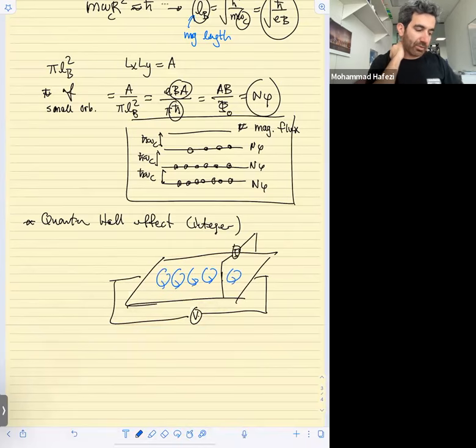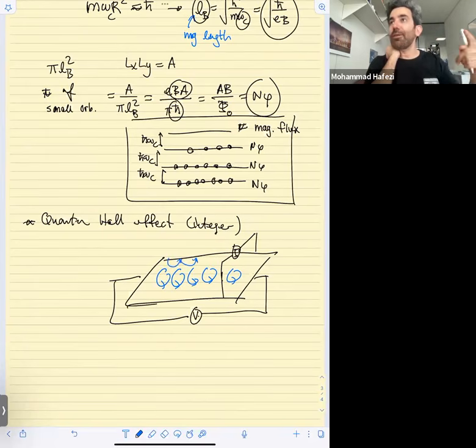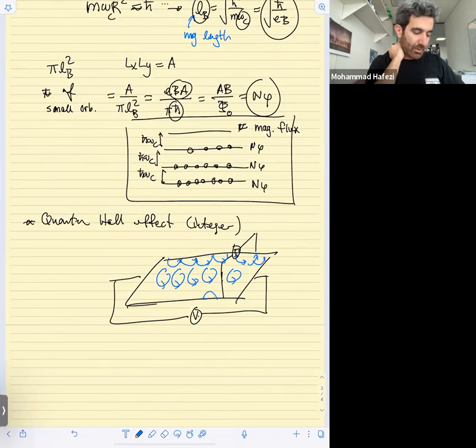So these electrons cannot contribute to the conductance because they're localized. But then if the electrons happen to be at the edge of the system, then they cannot complete their cyclotron motion, so they start to skip around the edge of the system. And they can contribute to the transverse conduction.